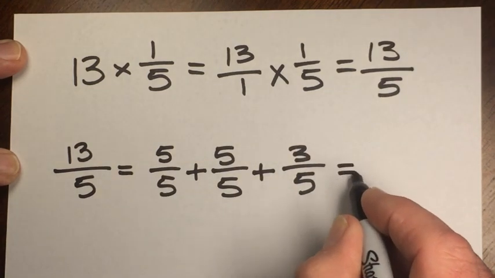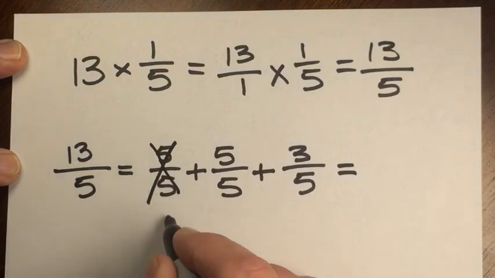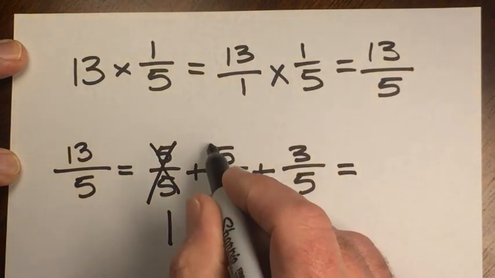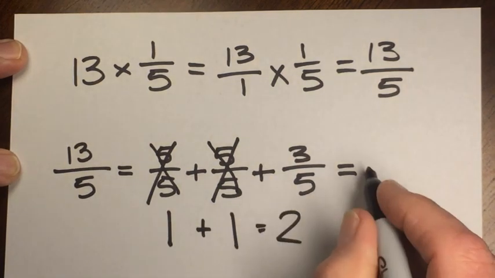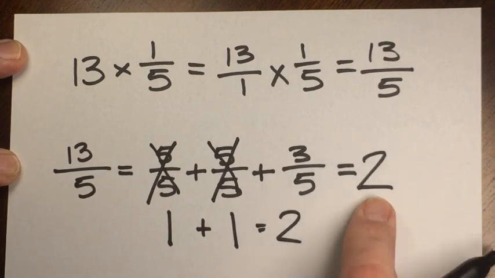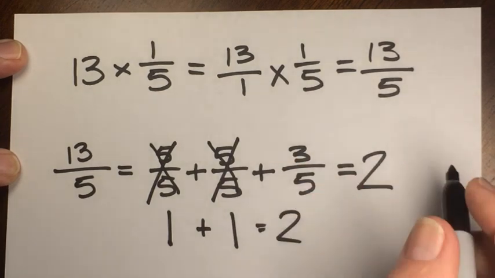Well, now we can see that that really is 1, another 1. So 1 plus 1 is 2, 2 whole numbers. So 2 whole numbers and 3/5.